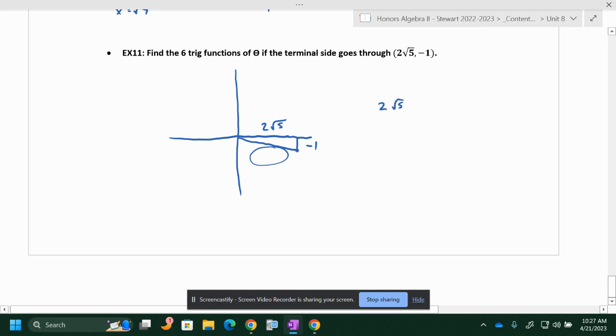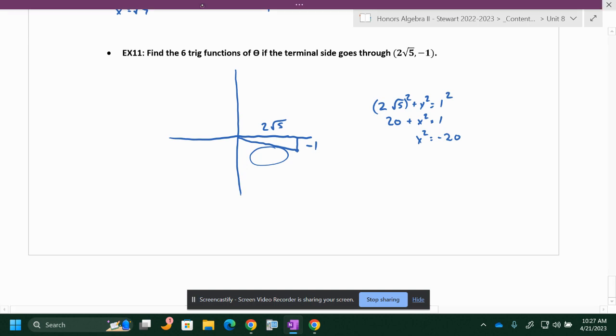So 2 square root 5 squared plus x squared equals 1 squared. So 4 times 5 is 20 plus x squared equals 1. So x squared is equal to negative 19.